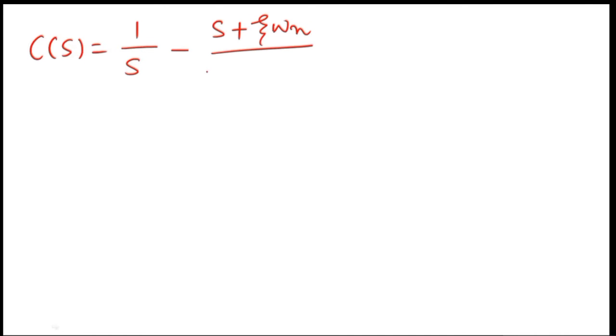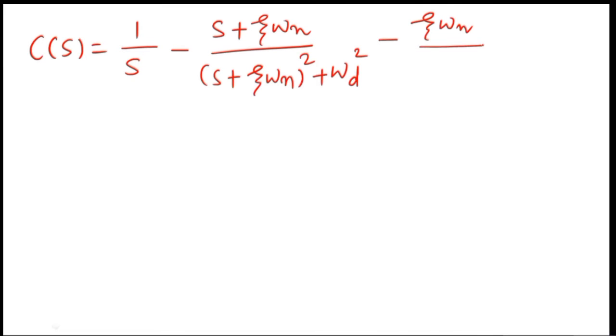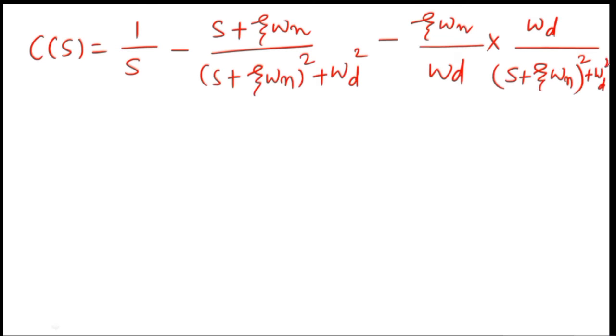So that C of s changes as 1 by s minus s plus zeta omega n divided by s plus zeta omega n whole square plus omega d square, minus zeta omega n by omega d into omega d by s plus zeta omega n whole square plus omega d square.